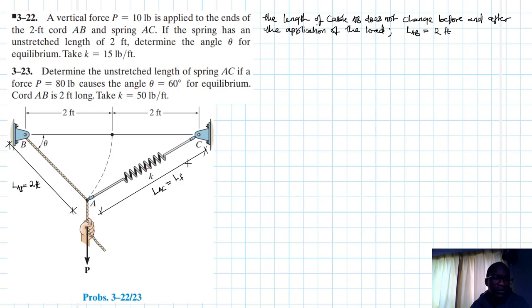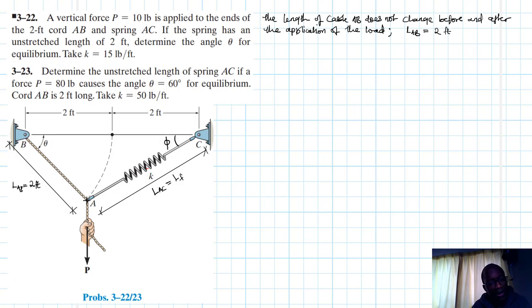Alright, then when you look at this particular problem, there are a lot of things that we don't have. We don't have the tension force in cable AB, we don't have the spring force AC, we also don't have the angle theta, and we don't have another angle for the spring force. We need another angle, this angle here, which we're going to call phi.